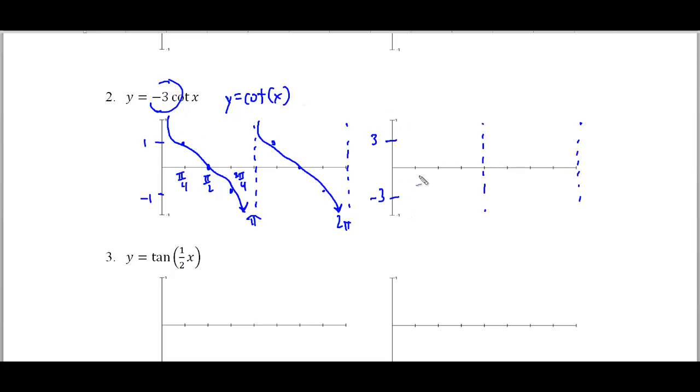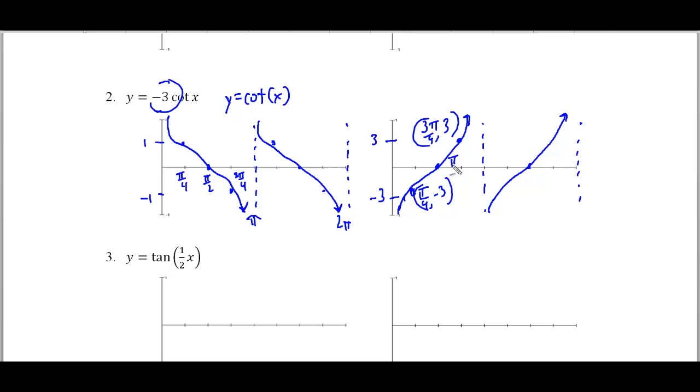So our amplitude, philosophically these amplitudes actually do not exist for these functions, but what they do is change the speed at which they accelerate to infinity and -infinity depending on your perspective of how the line's moving. So this here is going to be pi over 4 comma -3, and this over here is going to be 3 pi over 4 comma 3, because this is each an interval of pi.